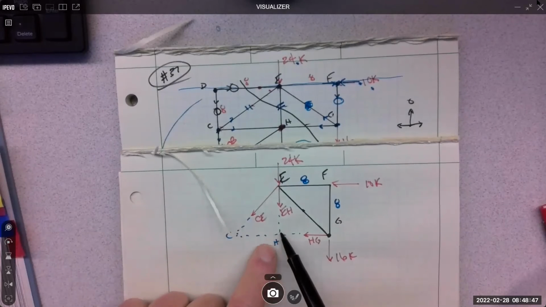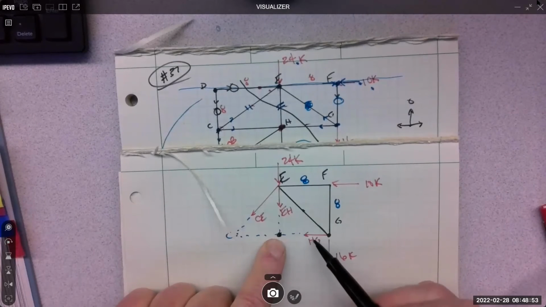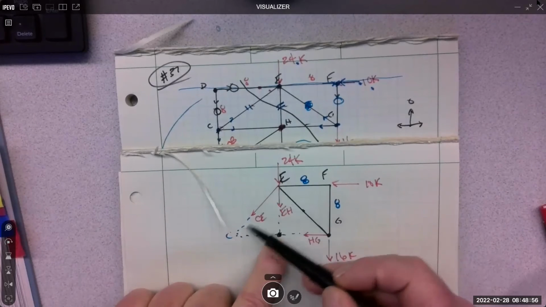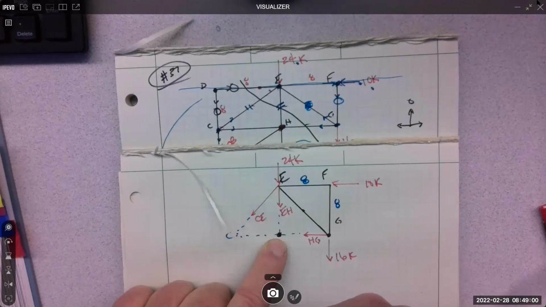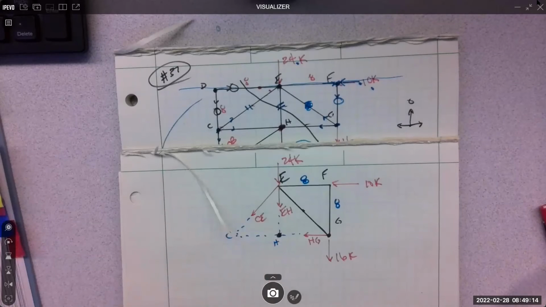H. If we do the moment here, what drops out? True. And we're left with CE at an angle. So we would have to do CEX, right? And then CEY would drop out. That makes sense? Yeah, so I'm looking for a simpler spot. What spot did you say?